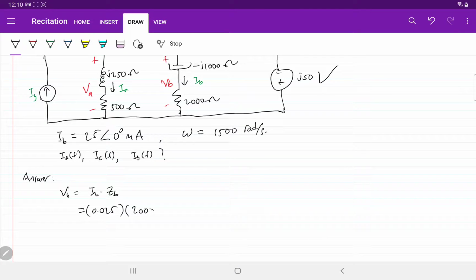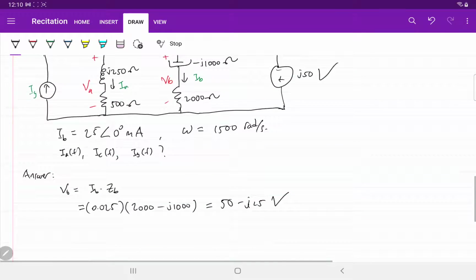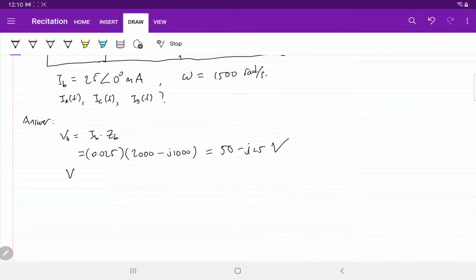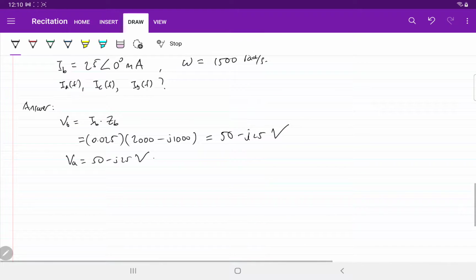And we have 2000 minus j1000. This is equal to 50 minus j25 volt.